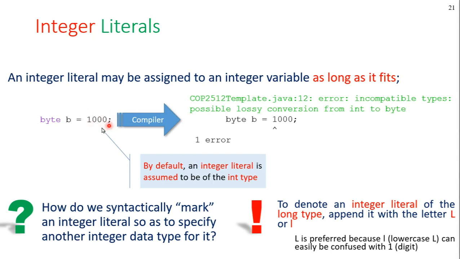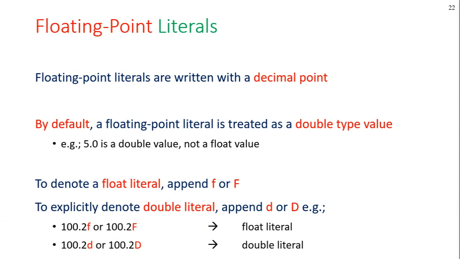So 1000 means 1000 as an int. But if I write 1000 and an uppercase L right at the end of it, then that integer literal is going to be considered to be a long instead of an int, as far as data type goes. Okay? So we have ways to write literals and influence how Java looks at them.